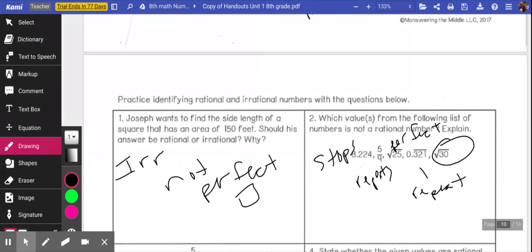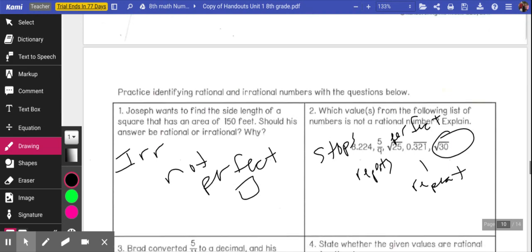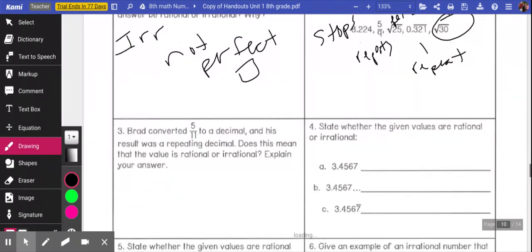This is a non-perfect square, so that would be the one that is not rational. Okay, he converted 5/11 to a decimal, and it was repeating. So does this mean that it's rational or irrational? That should have been rational because of its repeating.